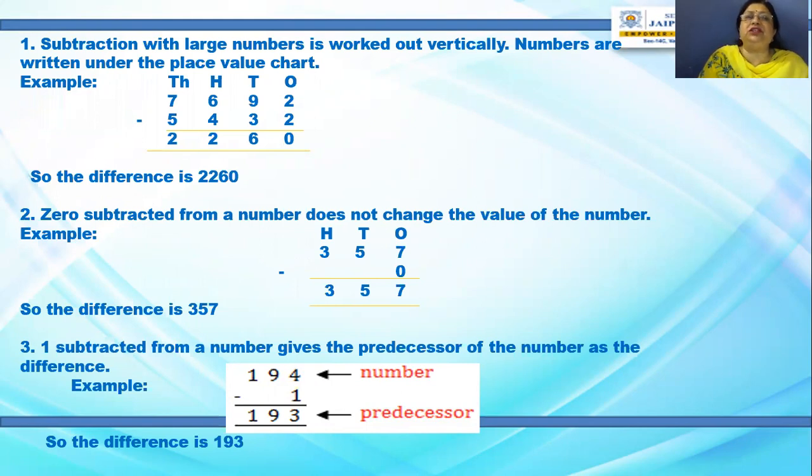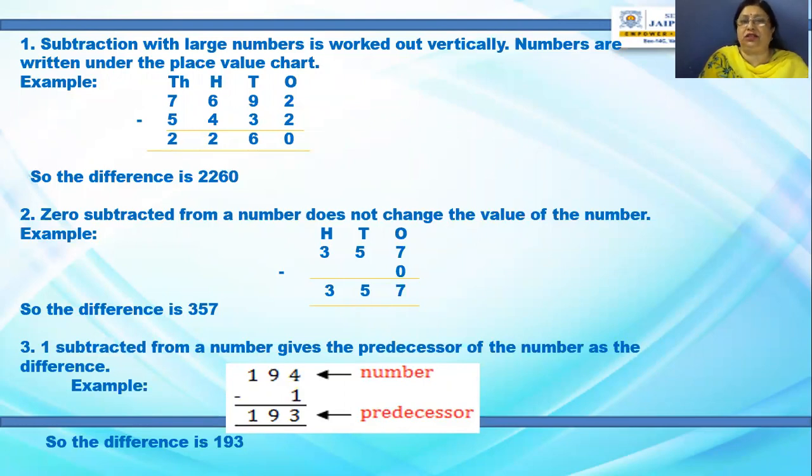The numbers are written in the place value chart. So whenever you are doing the smaller number subtraction, you can do it mentally without writing. But when it is a 3-digit number or a 4-digit number, then you have to write down under the place value chart, that is ones, tens, hundreds and thousands.